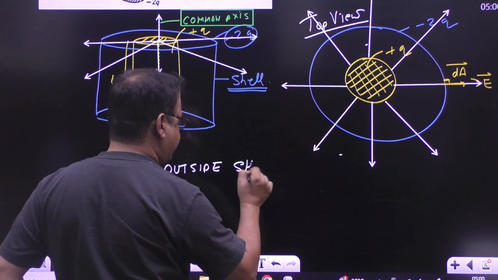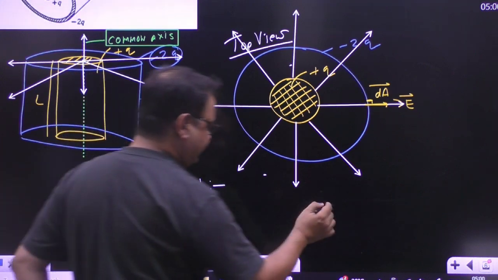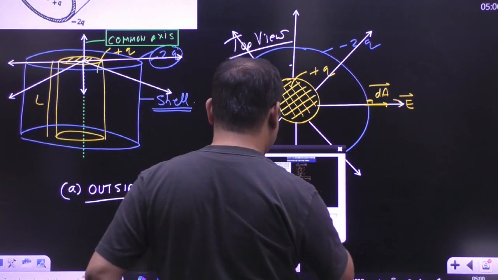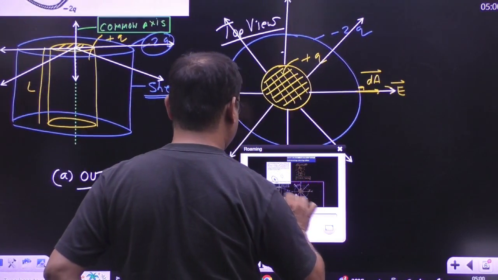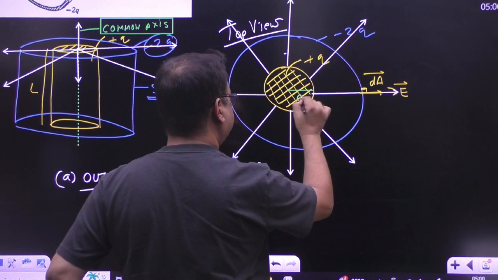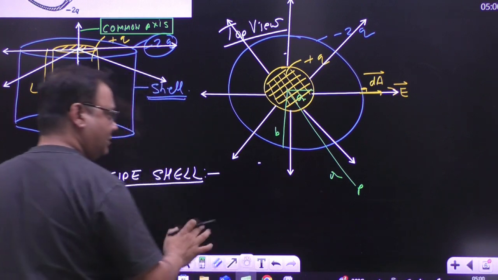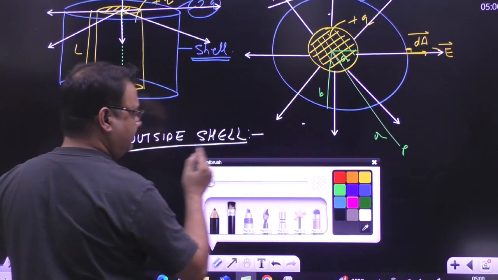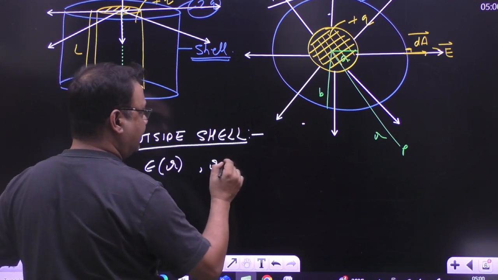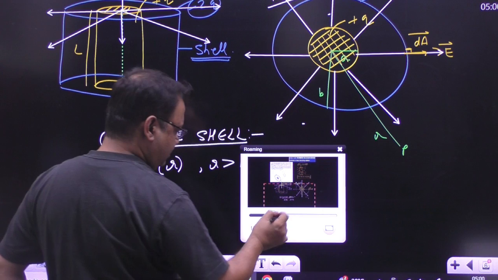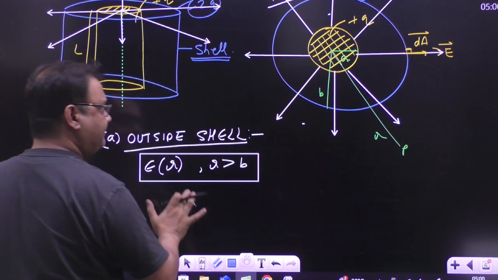No radii are given, so I'm just assuming some radii. This radius is A, this radius is B, and right now I'm at an outside point P at a distance R. We have to find the electric field at a distance R, and R is greater than B. That's why we have to be outside. So the range of R will be greater than B.